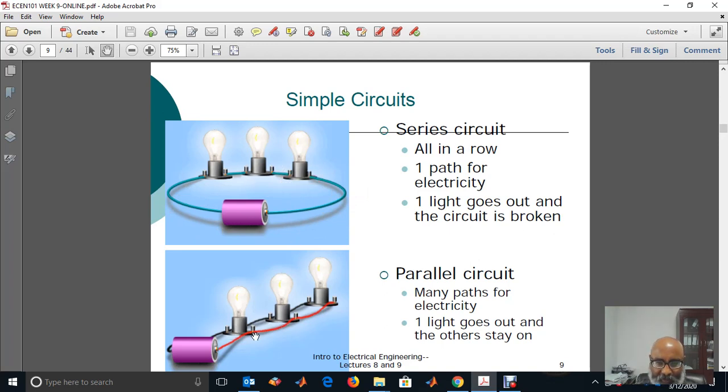In a parallel circuit, we have different branches. For example, here, each lamp has its own branch. So total current is divided across the branches. So if one of the lamps goes out, then the other two stay working.